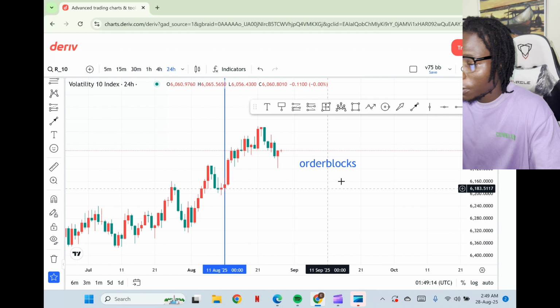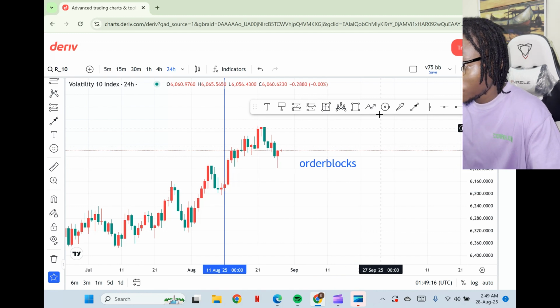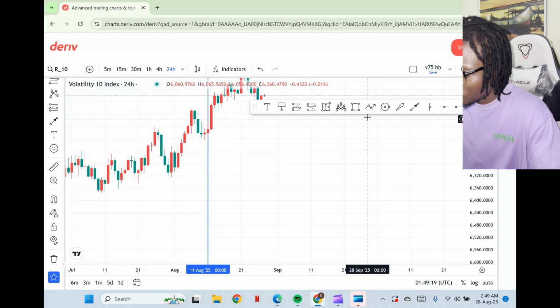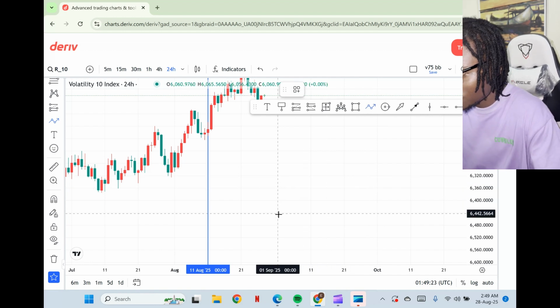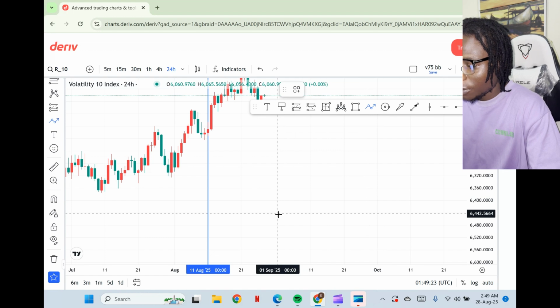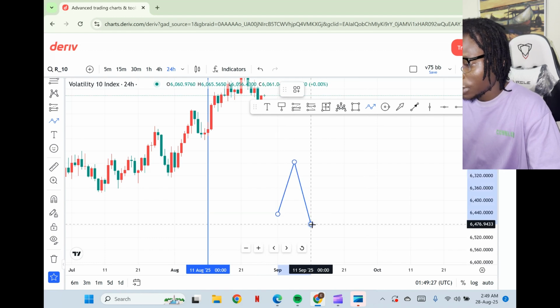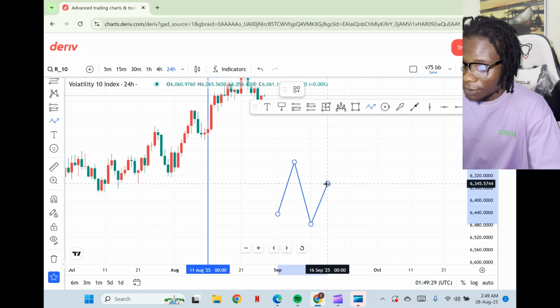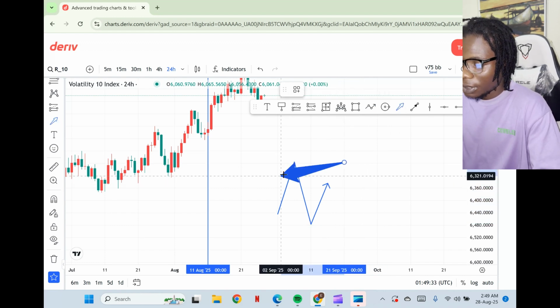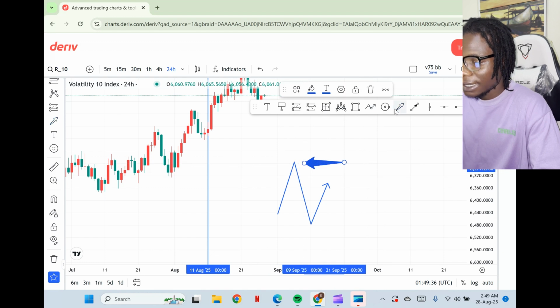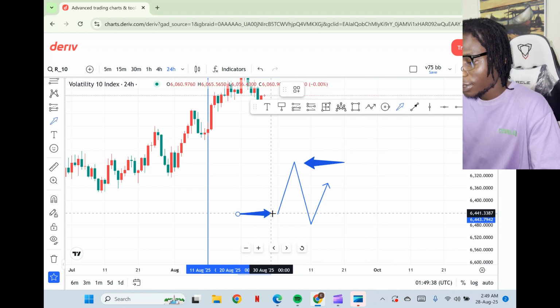Trading is very simple and a lifestyle game. I'll show you how order blocks look, so we draw it now. If order blocks work with swing high and swing low, the market moves in waves. Here will be our swing high and here will be our swing low.